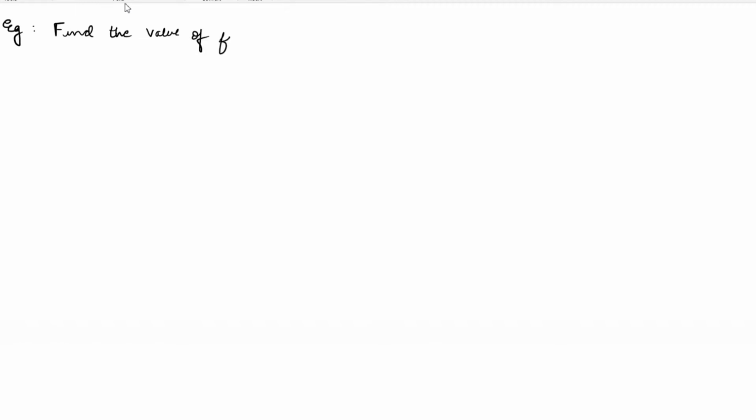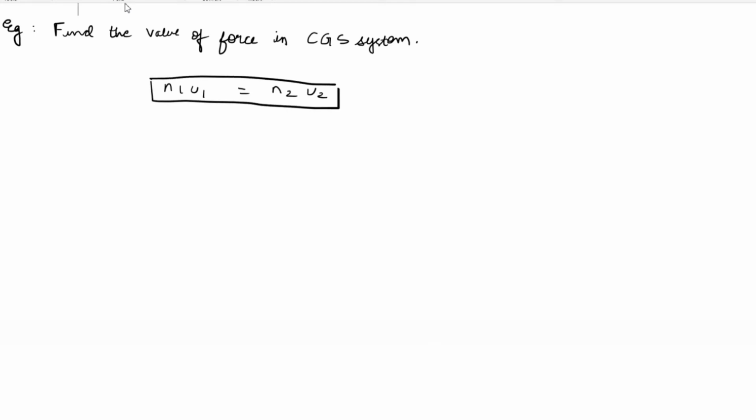What we should do here is apply a simple formula which we learnt before, that is N1 U1 is equal to N2 U2. This is a standard formula we use for converting from one system of units to another. So here we are basically converting force from the SI system into the CGS system.